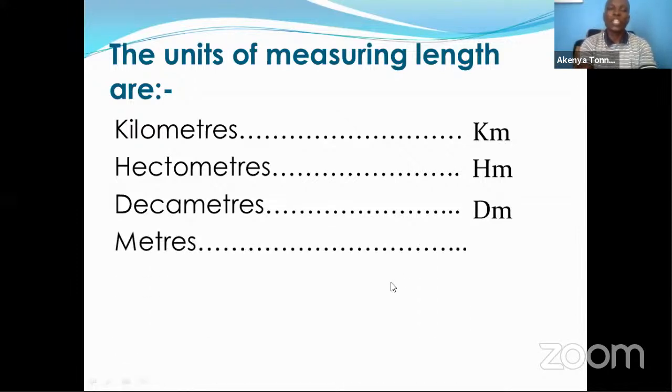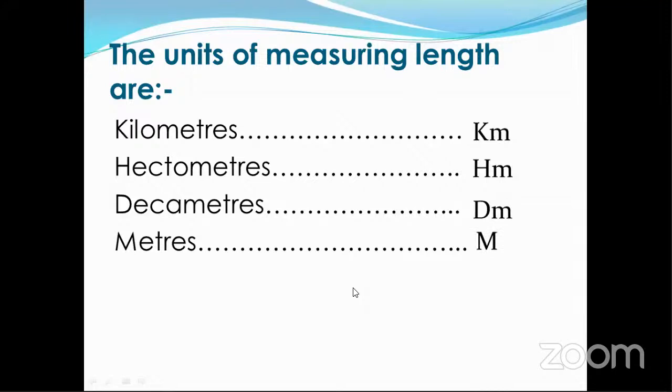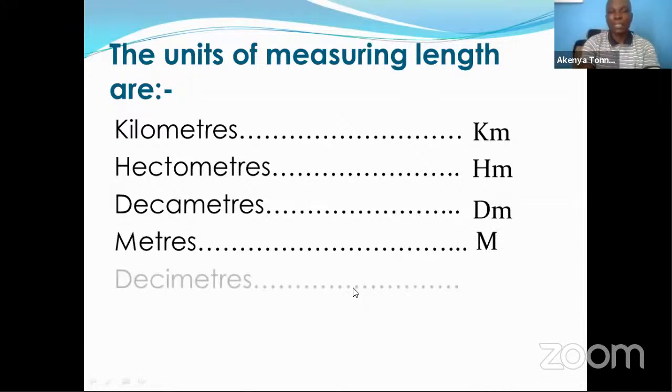Then we have another unit. For this case, I can read for you. We have meters. Meters is the basic unit for measuring length, and we can write it in short form as m. Then we have decimeters. Because both begin with a D, there is decameter and there is decimeter, let's separate them.